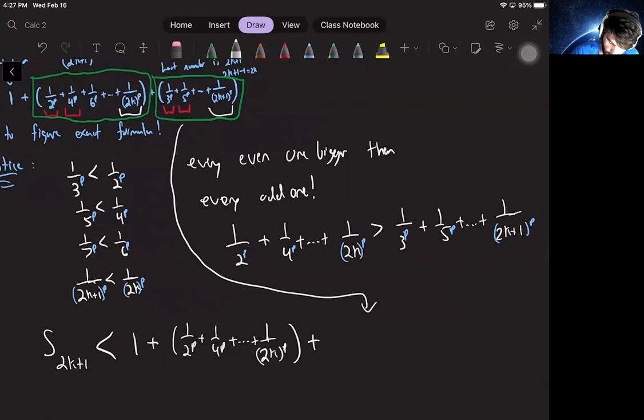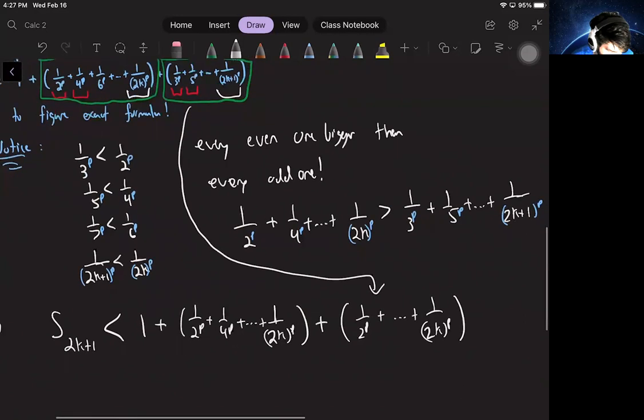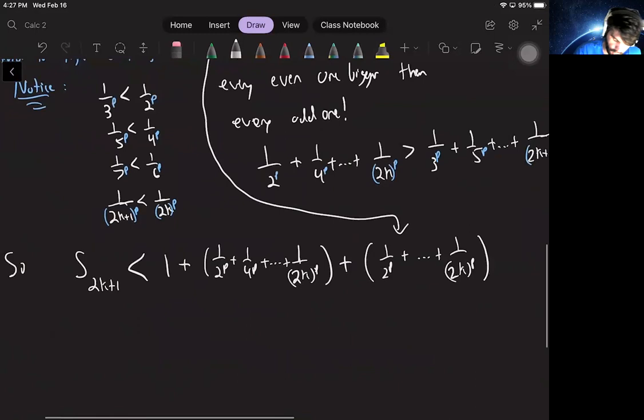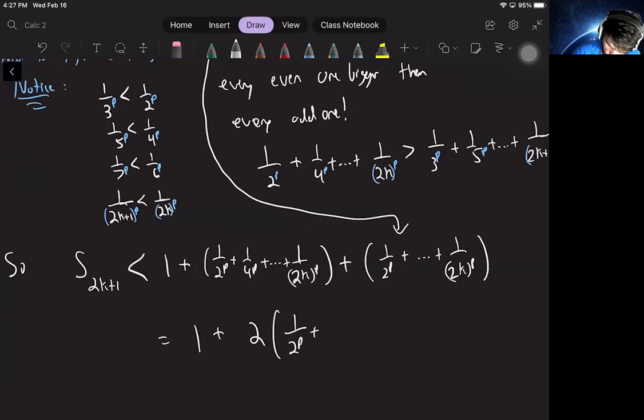The even ones are bigger. Then I can say that this thing gets bigger. So I can just replace it with another copy of the even ones. But then that's just 2 of the same thing. So you could say, look, it's really this. 2 of the same thing just means you add up 2 of them, so you put a 2 in the front to multiply instead. And it looks nicer like that.